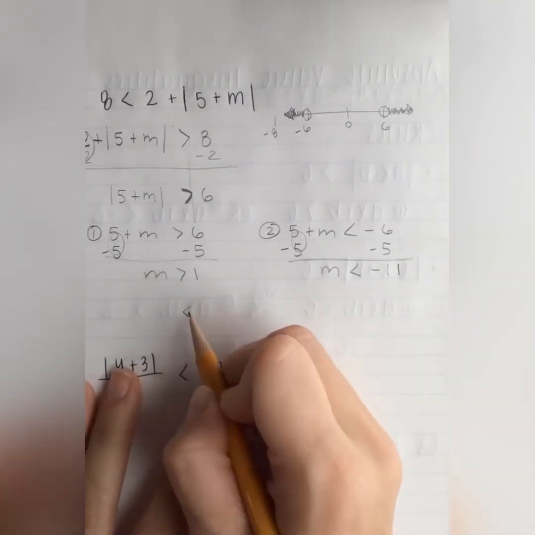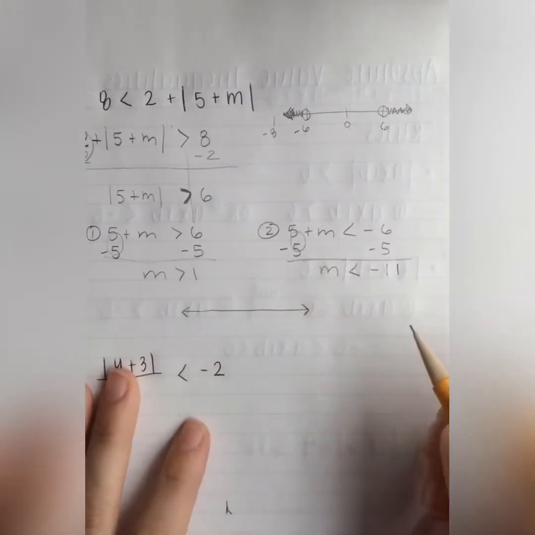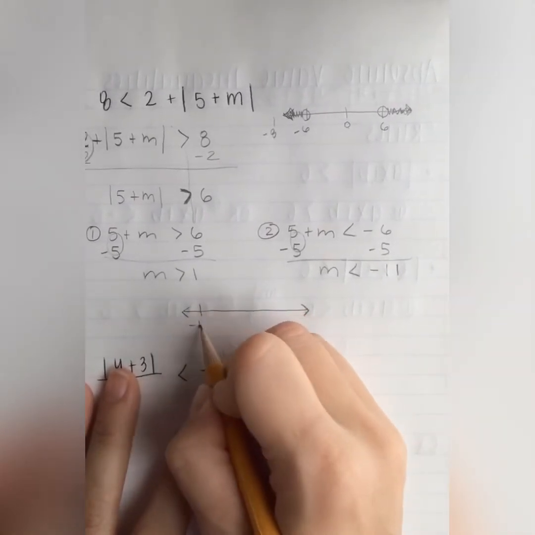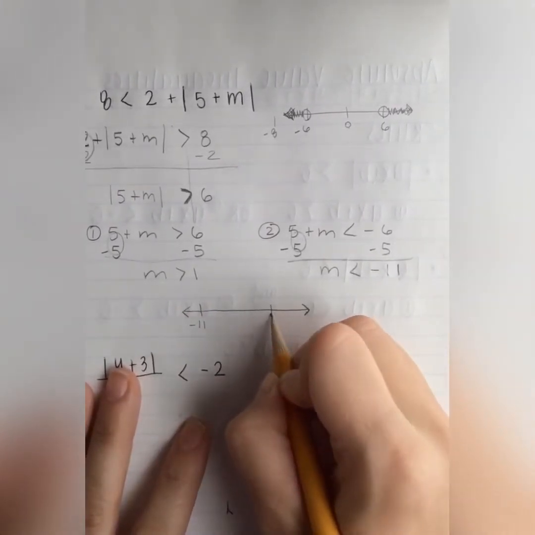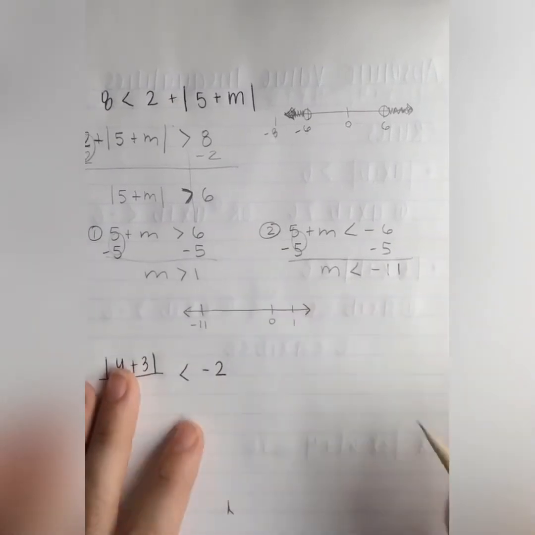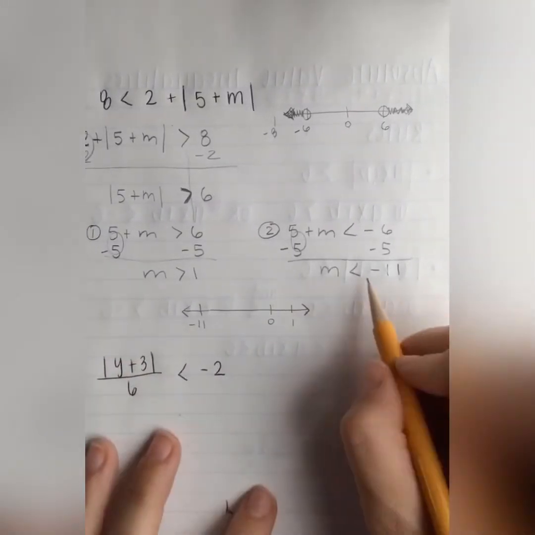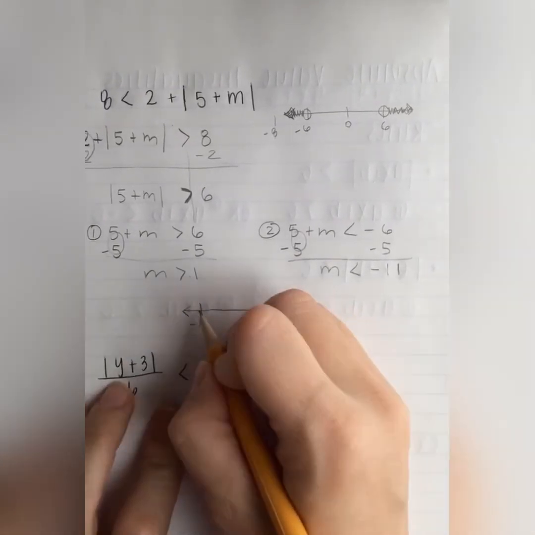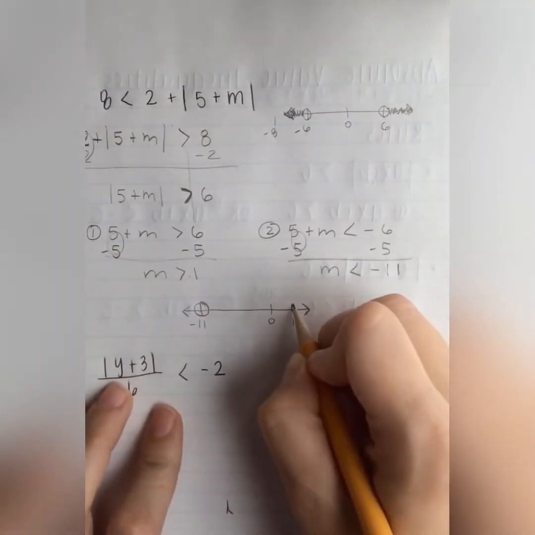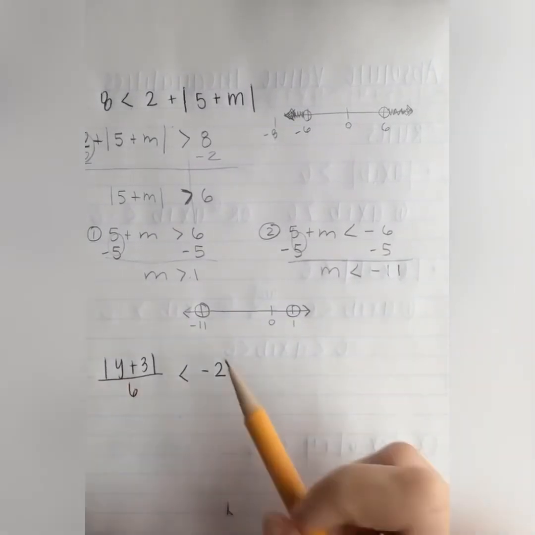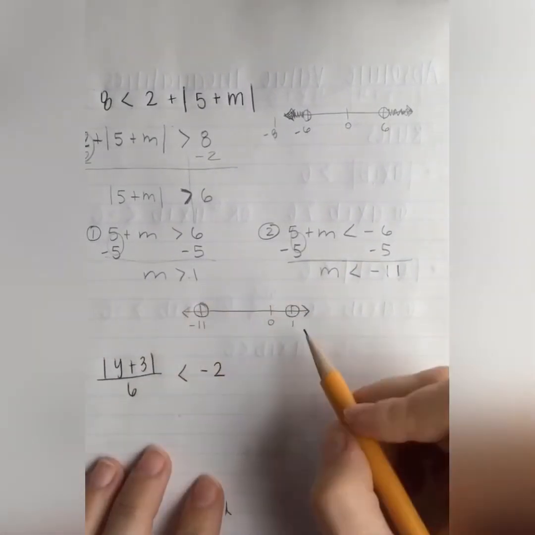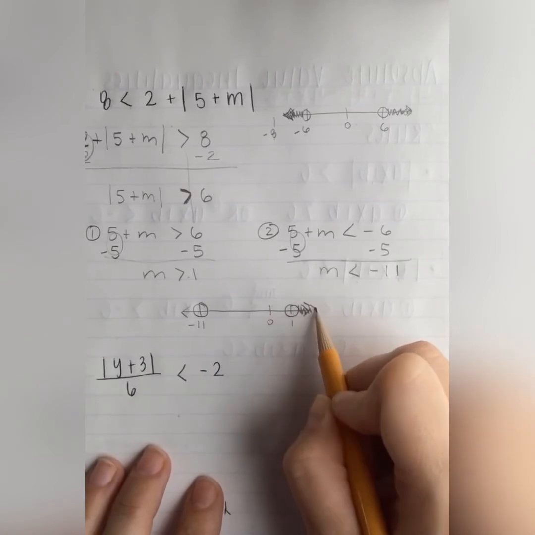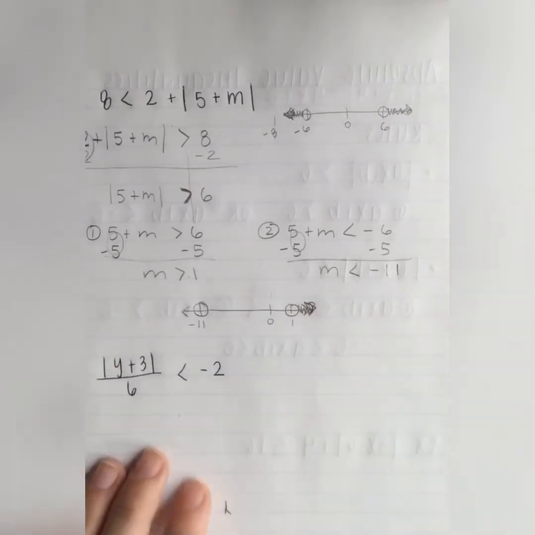If we put this on a number line, okay, we have -11 over here, 0 and 1 over here. Neither of these are or equal to, okay, so they're both going to get open circles. I want any m value that's greater than 1. So I'm shading to all the greater than 1 values.